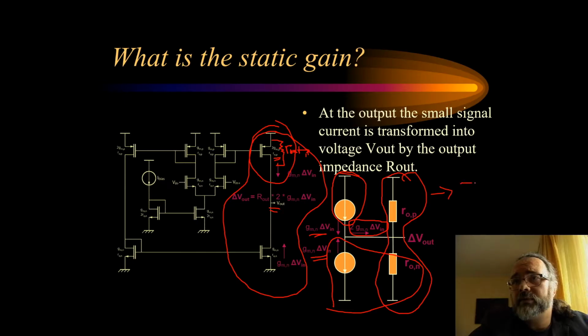So if you look from this node V out, what you see to ground are these two resistances. So from V out to ground you have two resistors ROP and RON. Hence the total resistance at this node, equivalent resistance or R out, will be ROP in parallel with RON.